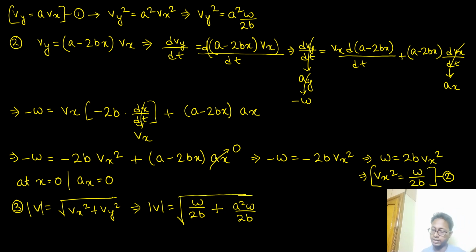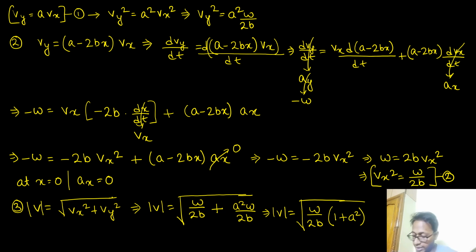This is our equation of velocity. Or v is equals to root of w by 2b common, into (1 plus a square). This is our equation of velocity at 0 comma 0. Understood the question? This question is nothing but playing around with the equation.